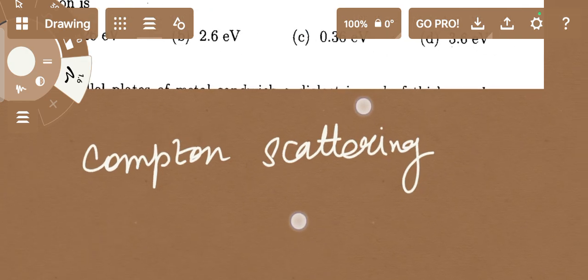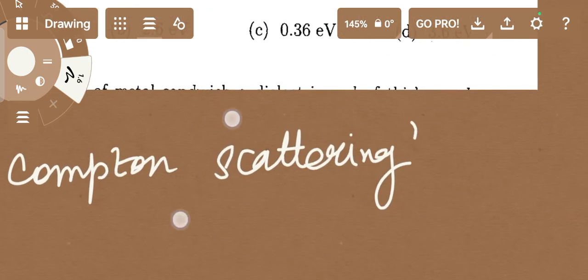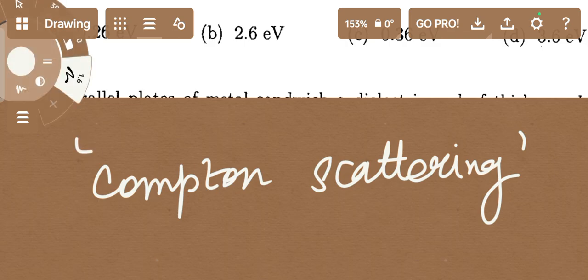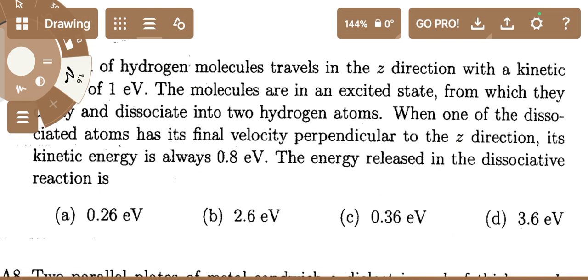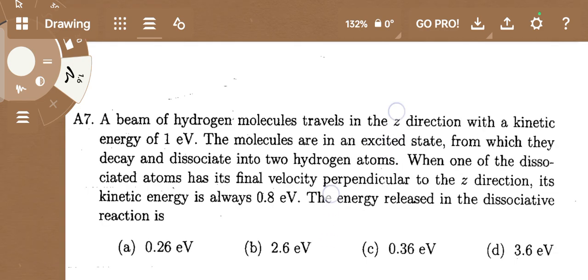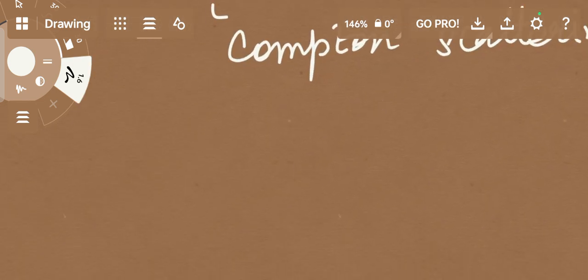This accounts for the particle nature, where you hit a heavy nucleus with an electron or a charged particle with a velocity, and then apply momentum conservation and energy conservation to find the energy of the scattered particle, right? And this is the theory that we need to apply here.